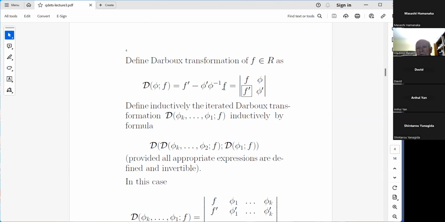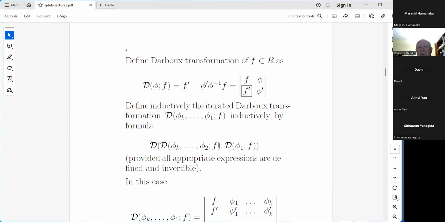But according to our theory, this is just a quasi-determinant of a 2 by 2 matrix. So this is basically some sort of a Vronsky quasi-determinant. We can define inductively the iterated Darboux transformation just by the formula that's written here.